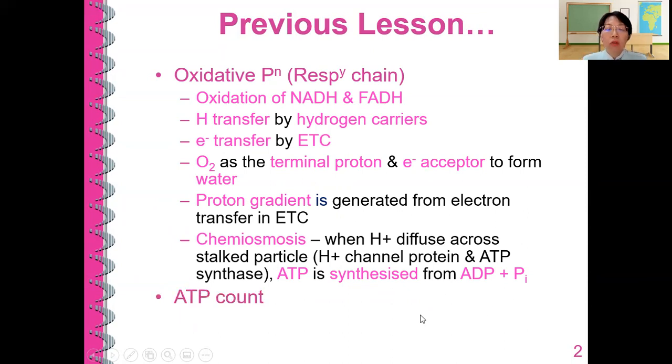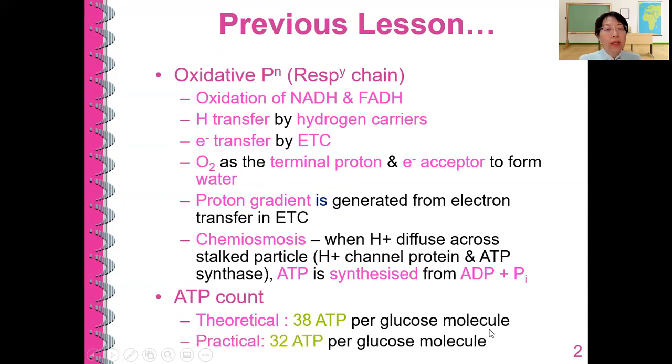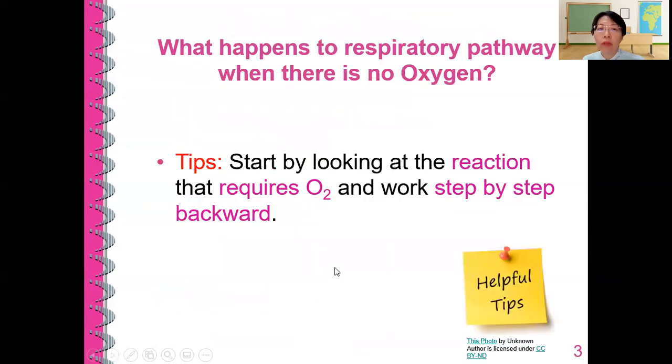Okay, so then we also look at the ATP count. Theoretically, it is 38 ATP per glucose molecule fully oxidized. Practically, it is 32 ATP per glucose molecule fully oxidized, after subtracting the ATP that will be used by the mitochondrion itself to pump ADP into the mitochondrion and pump ATP out of the mitochondrion, okay?